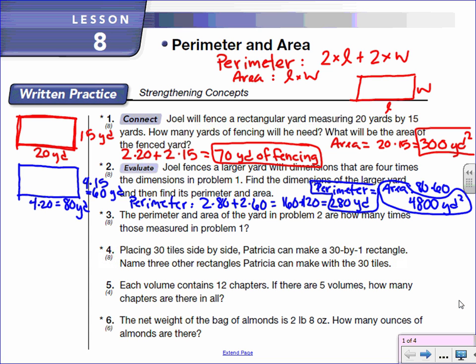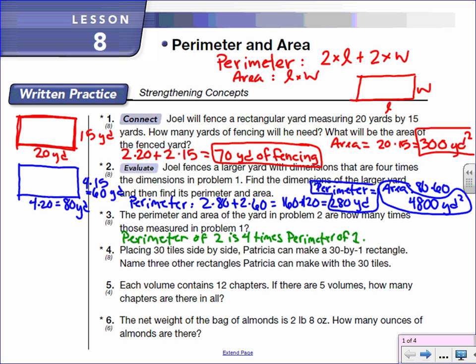So the perimeter of the second one is 4 times the perimeter of the first one. 70 times 4 would give us 280. The perimeter in problem 2 is 4 times the perimeter in problem 1, which makes sense because all the dimensions were quadrupled. They were times 4.